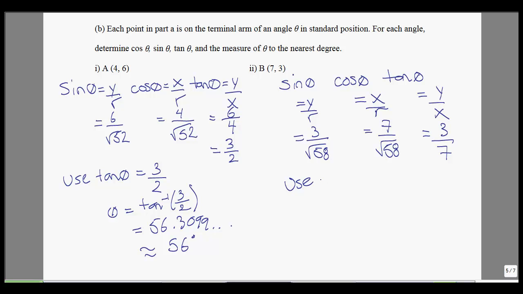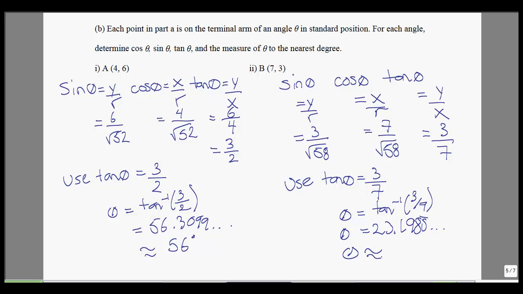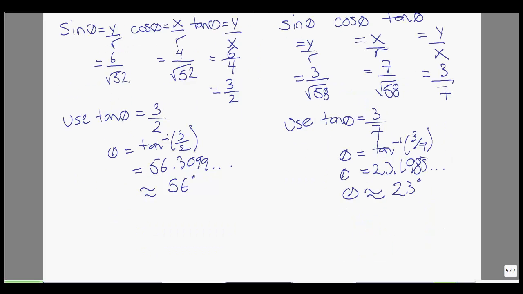Again, solving for theta, let's try using tan, which equals 3 over 7. Theta then equals tan inverse 3 over 7, which comes out to 23.1985, or theta is approximately 23 degrees.